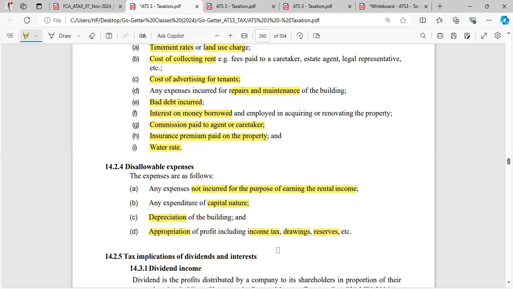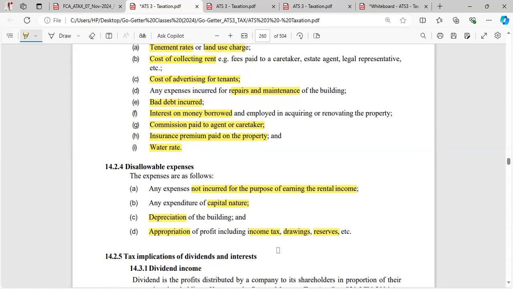Those expenses are classified into two types: allowable expenses and disallowable expenses. The allowable expenses are deducted from the income in order to get your net income. It is the net income that is subjected to tax.